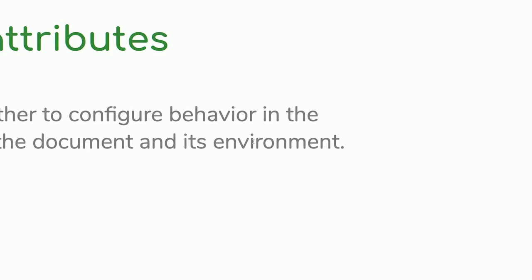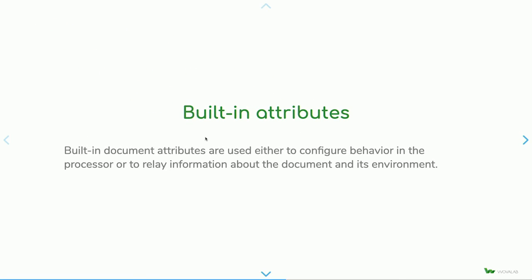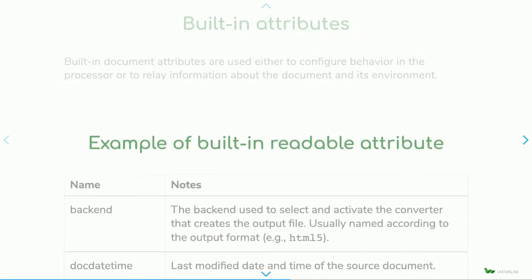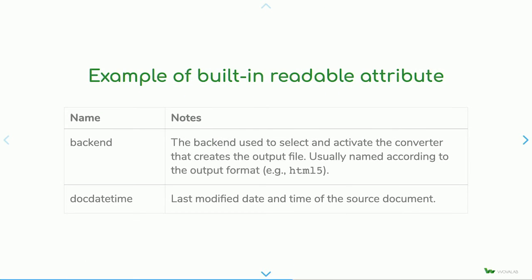You have built-in attributes. Those built-in attributes can help you get information about your document or set up your processor. Under readable attributes, you can have the backend, for example.